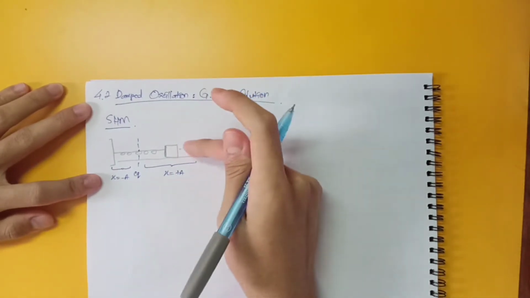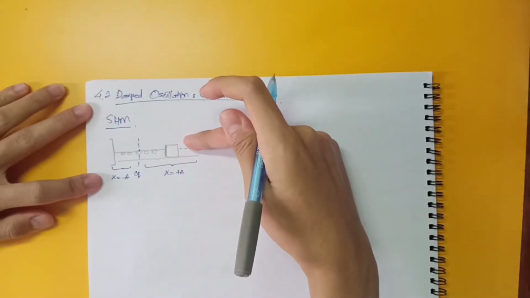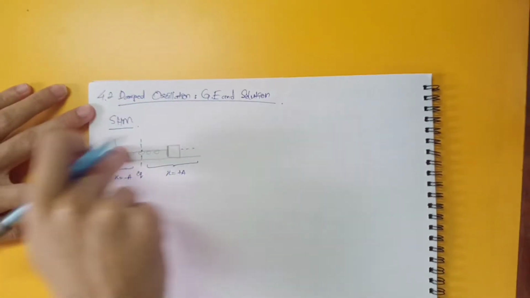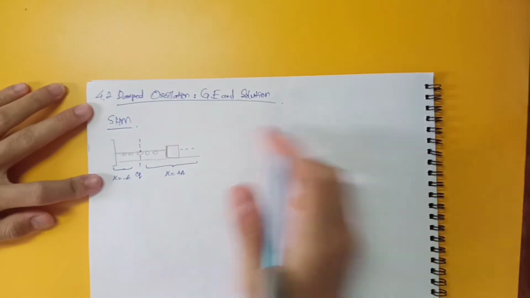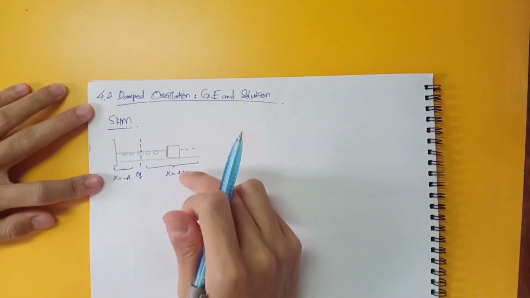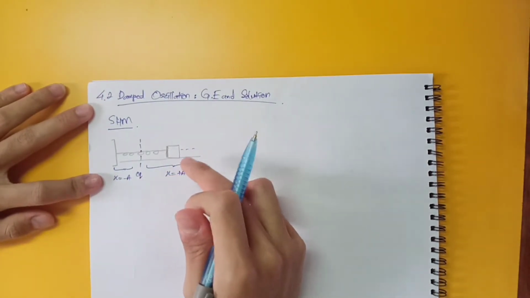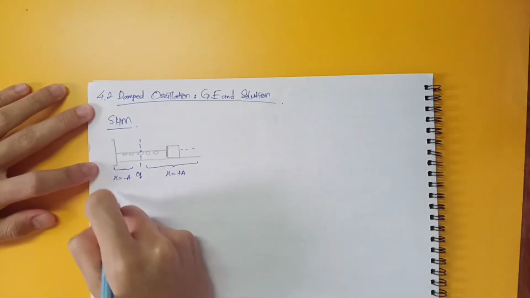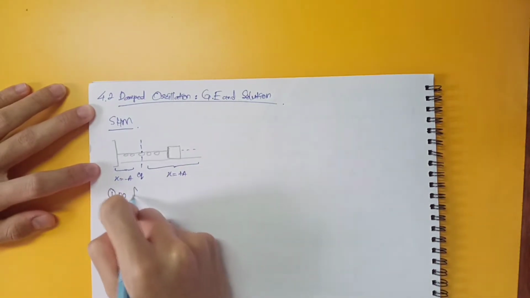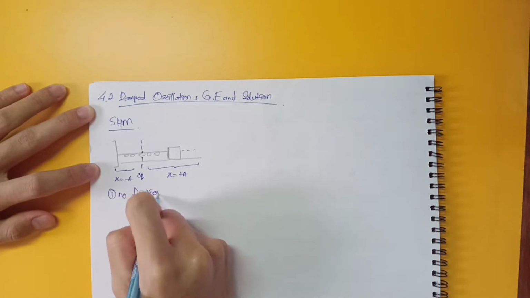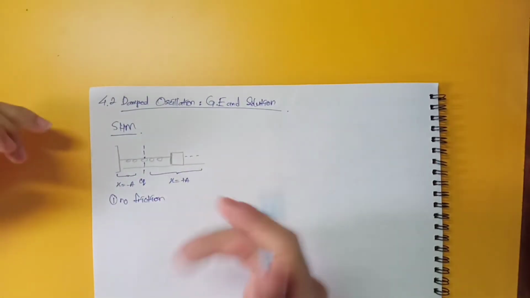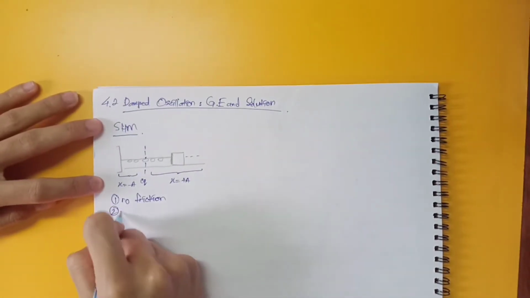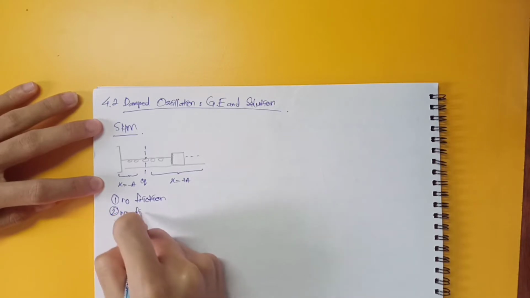Now, when we pull this object at the maximum amplitude and then we release it, the object will start to move to the left and to the right, back and forth. In this simple harmonic motion, there is no friction. When there is no friction, there is no energy dissipation.